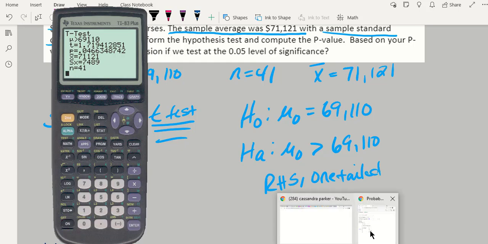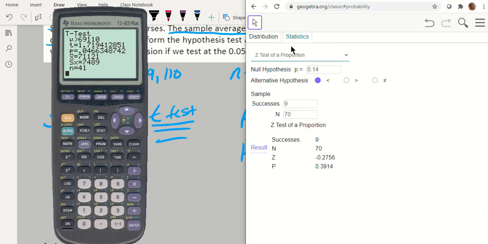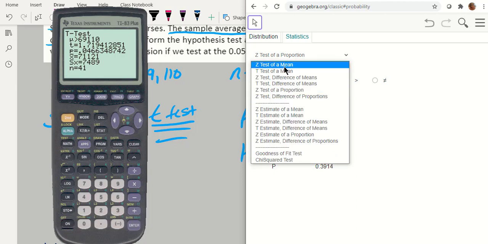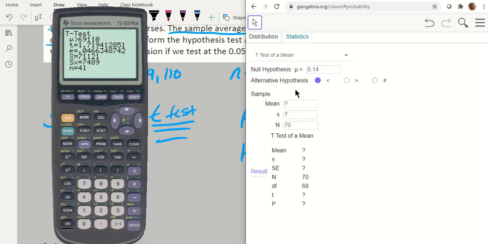Now, if you don't have a TI-83 calculator, that is fine. That means we can still come here to GeoGebra. In our statistics tab, we can select a t-test of a mean. In the t-test of a mean, we are going to insert our information. So what is our population mean? That is 69,110. Our alternative hypothesis is going to be greater than. Our mean of the sample is 71,121.